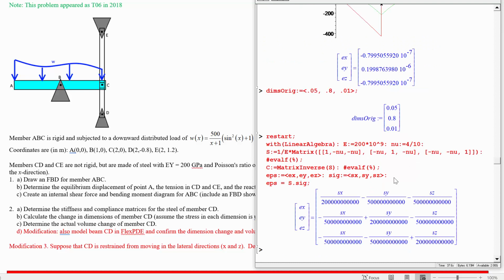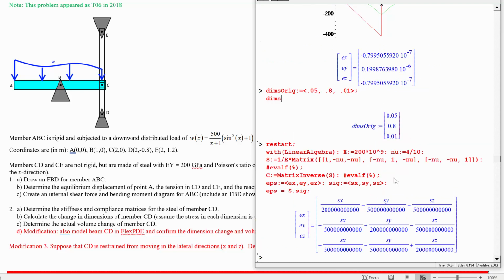And what we're going to do is then modify this by the strain. So dimensions new we will get by taking the original dimensions and then adding 1 plus the strain for each of them. So we could take dimensions original 1 multiplied by 1 plus epsilon 1, right?